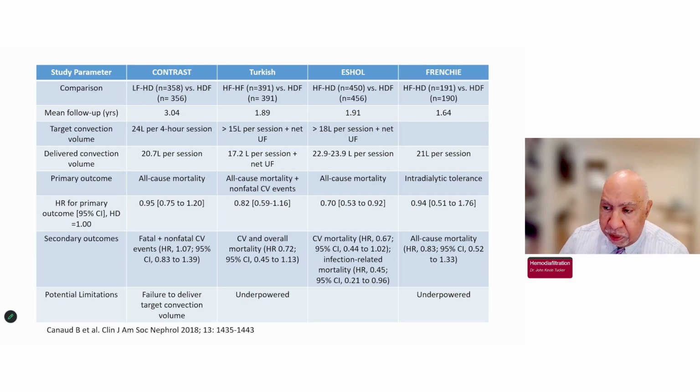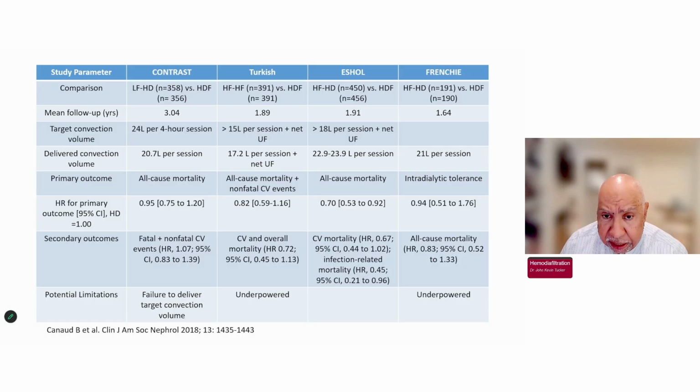But what they found was that with intensive nursing support and education, they were gradually able to increase the number of patients who were actually able to achieve the target convection volume. The hazard for the primary outcome was 0.95, but the potential limitation of this trial was that they failed to deliver the target convection volume.